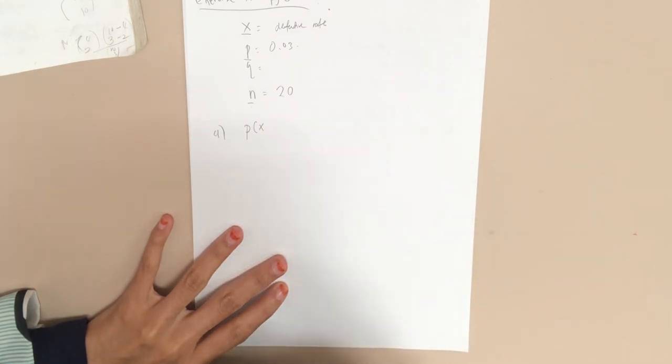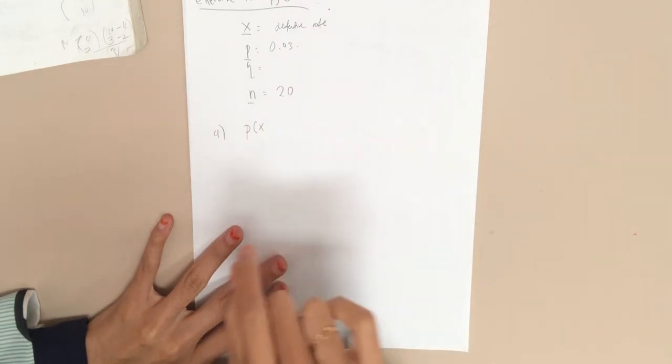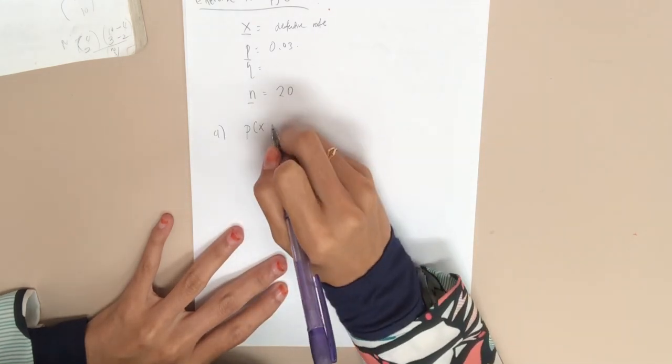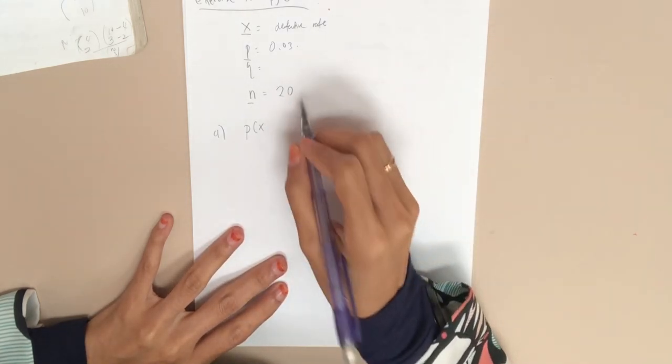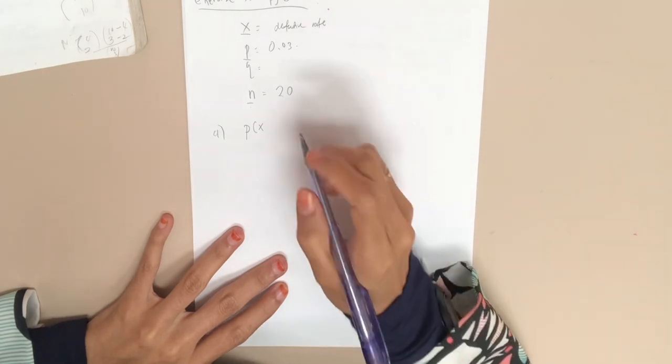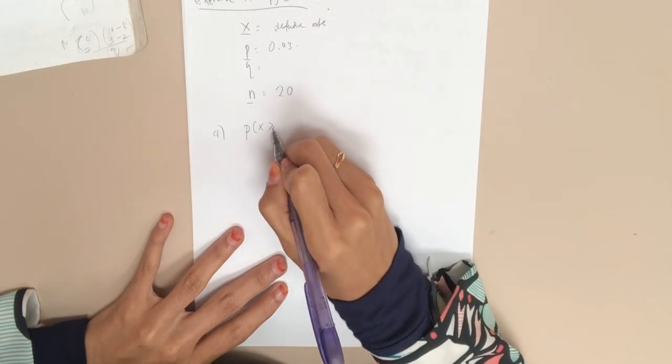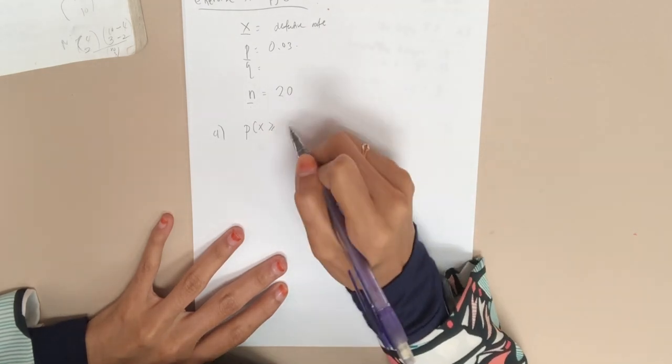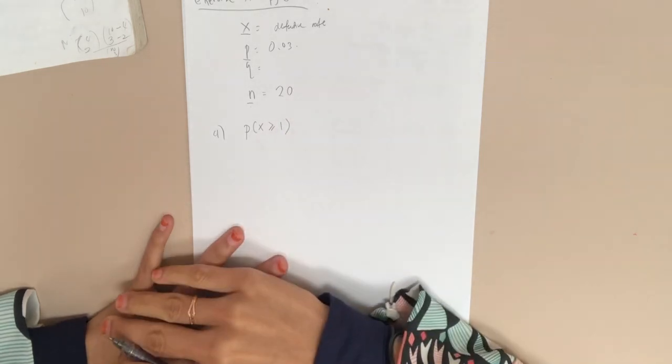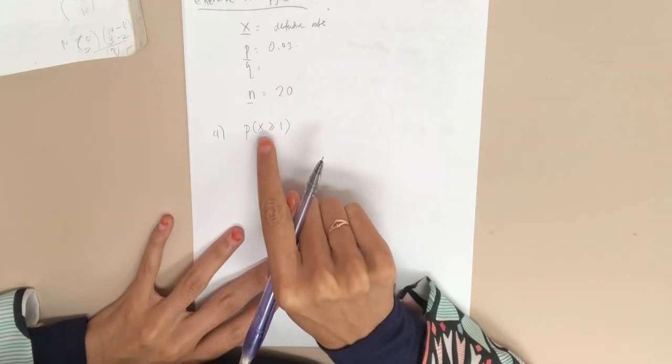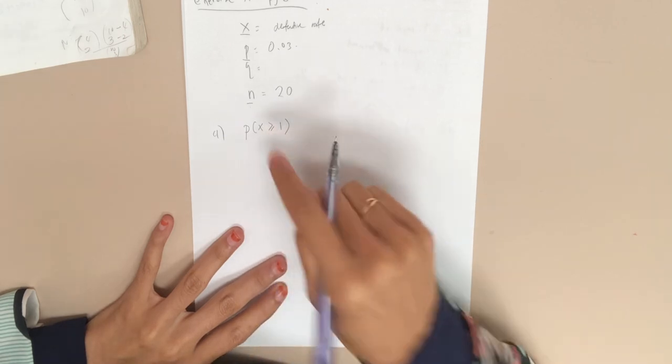I already gave you one example regarding this term, at least. At least means the minimum, so the minimum here is one defective item. So it means one and above.